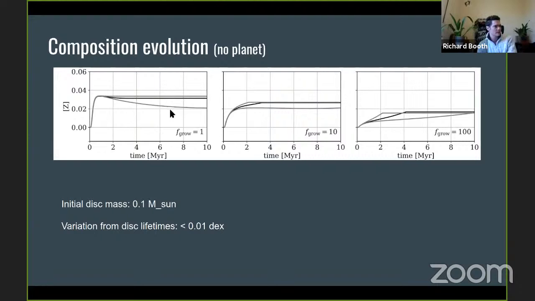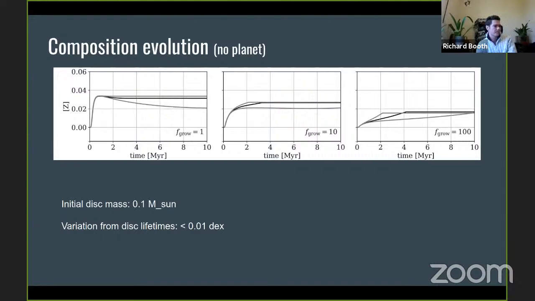It's nice that photoevaporation alone doesn't introduce a particularly large scatter in the abundance. We get some offset, which is different depending on how efficient dust evolution is. But the scatter is fairly small and well within the scatter that we know from the abundances of the stars.